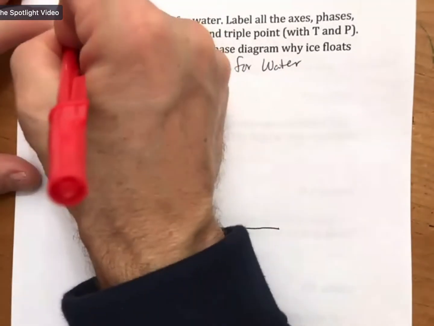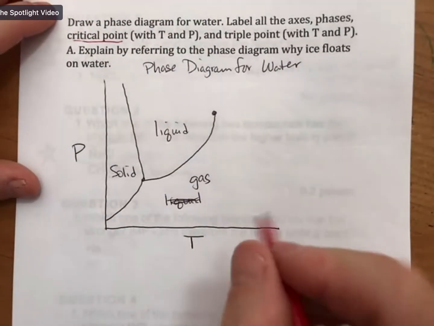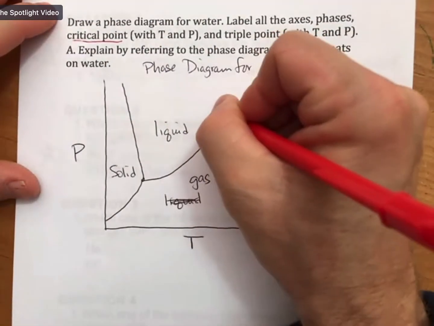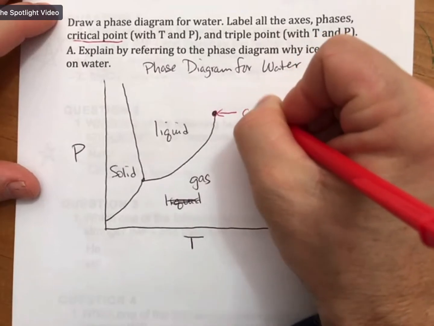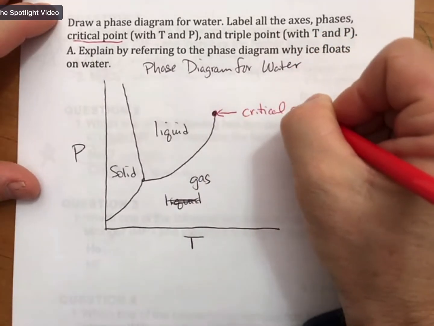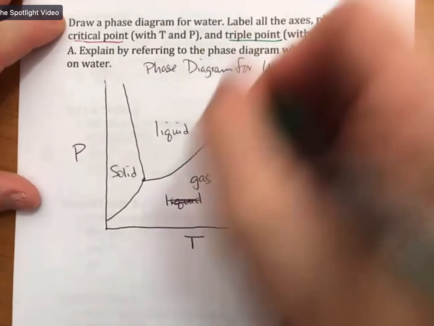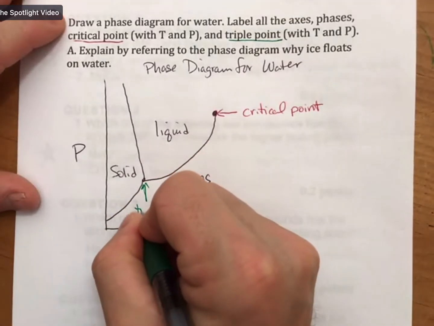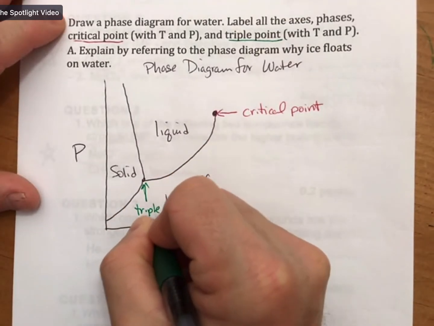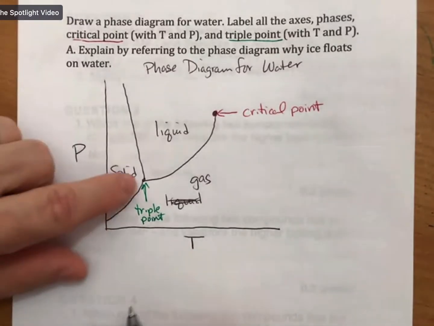The critical point is going to be right here. And the triple point is going to be right here.